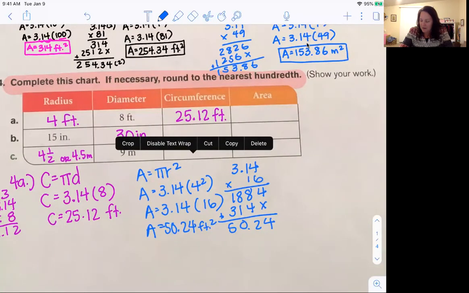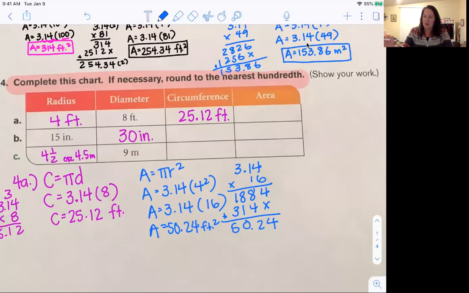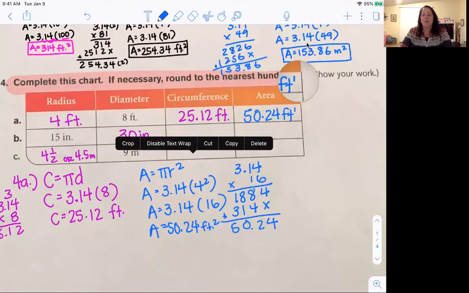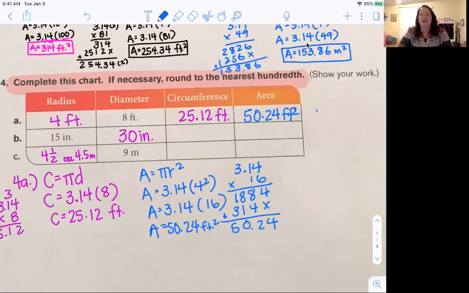Did you get what I got? My iPad's being funny. 50.24 square feet. Okay, come on, iPad. My iPad wants to magnify things. Okay, well, we know that's supposed to be a square, right? Okay, square feet. There we go.